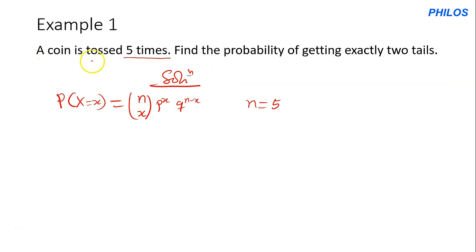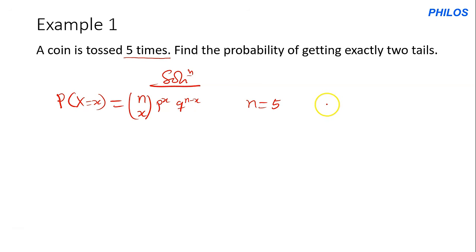He said a coin is tossed 5 times. Now, you ask yourself, when I toss a coin once, there are 2 possible outcomes, isn't it?